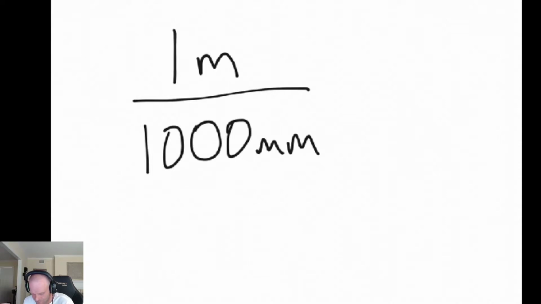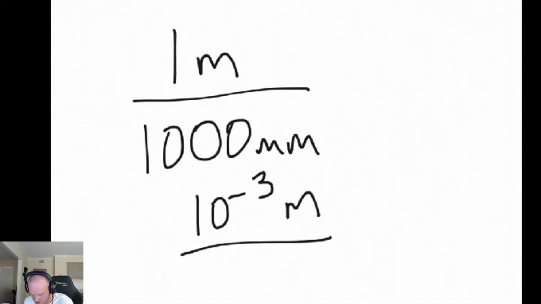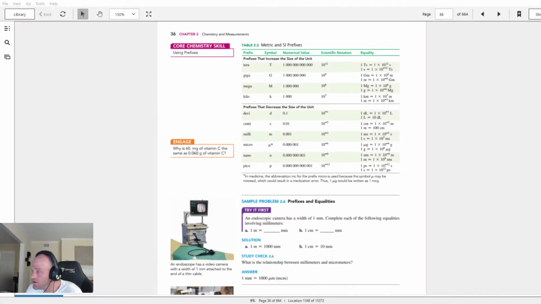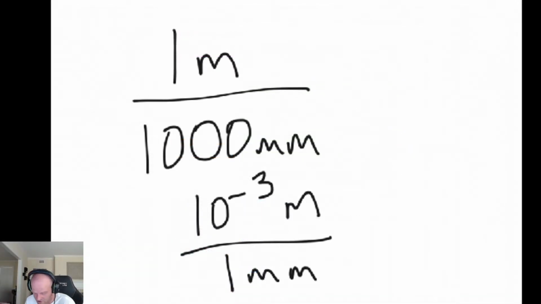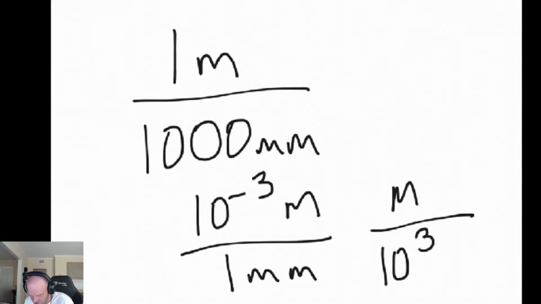Now I can write that in a few different ways, right? 10 to the negative 3 meters is 1 millimeter, and I got that from my table here. You see this 10 to the negative 3? That's relative to the meter. So just to show you the other way, a meter is equal to 10 to the 3 millimeters.